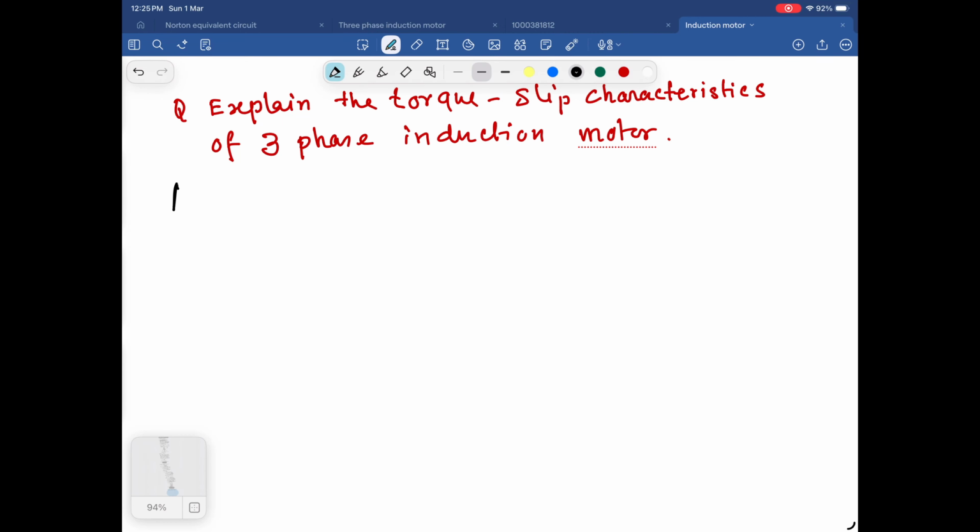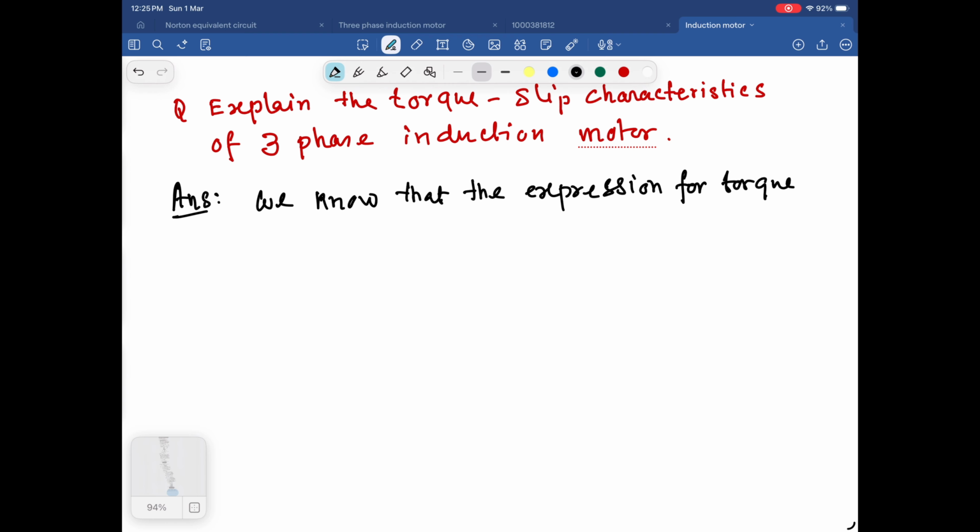Today, I'm going to explain the torque slip characteristics of three-phase induction motor. For that, we must know the expression of the torque of three-phase induction motor.